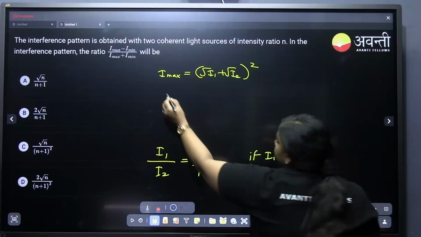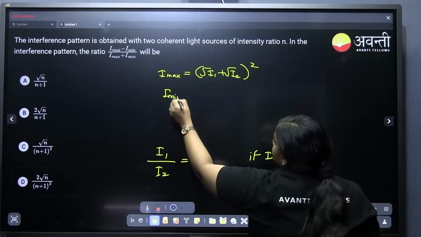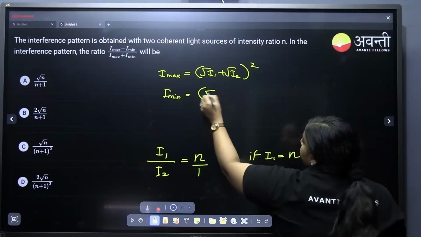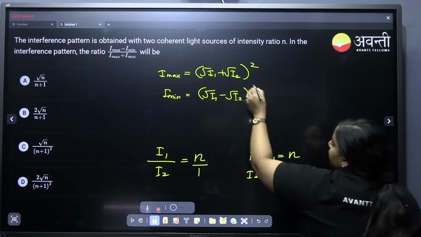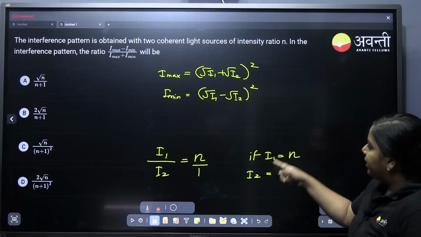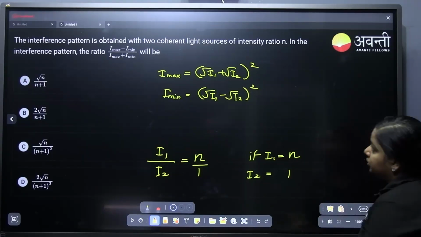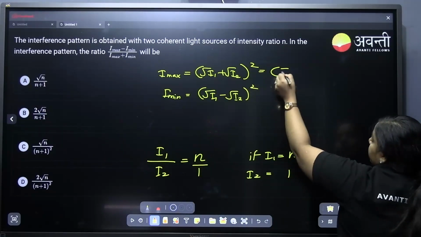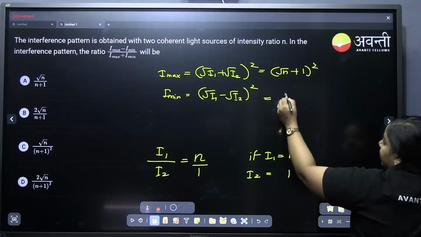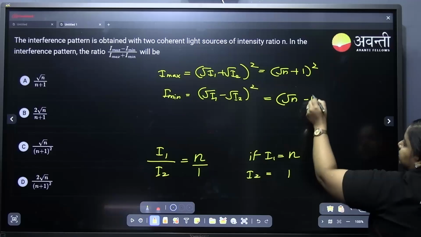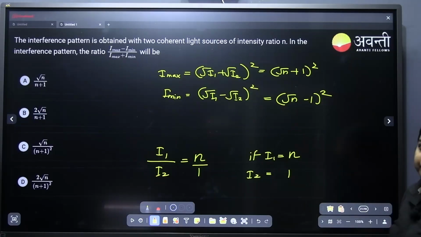Similarly, Imin equal to (root I1 minus root I2) the whole square. I1 and I2 are these values. So if you substitute, you will get (root n plus 1) the whole square, and here (root n minus 1) the whole square.